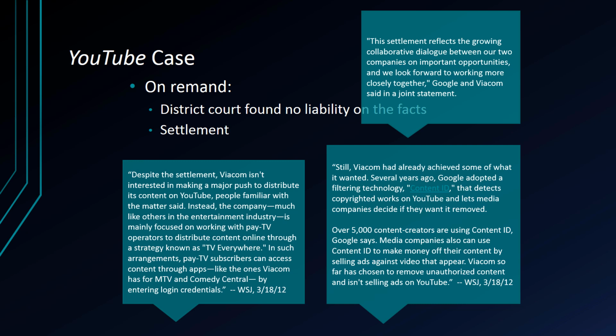Viacom has a number of cable network channels that they're already doing this in a way through cable. But a lot of them at the time were thinking of having their own portals, so that if you wanted this content, you would log in and have a username, perhaps have a subscription to the portal controlled by the media company, rather than distributing their content through a channel, a portal controlled by Google or somebody else.